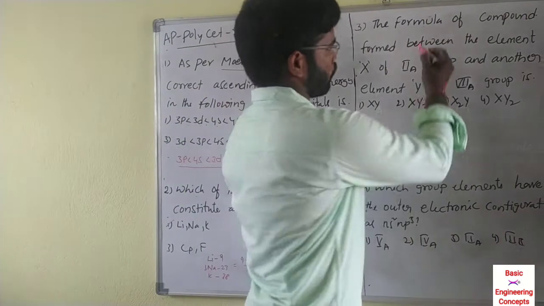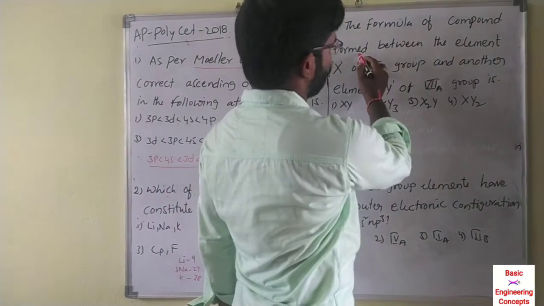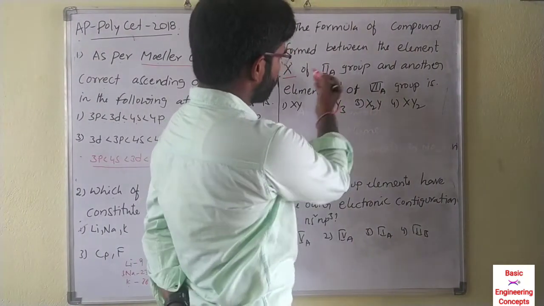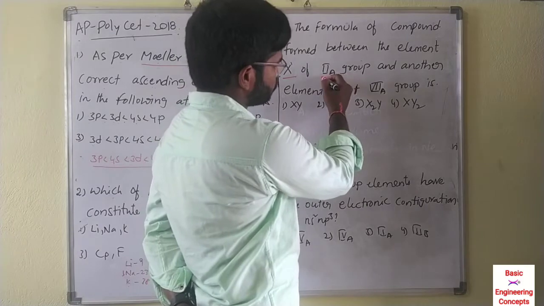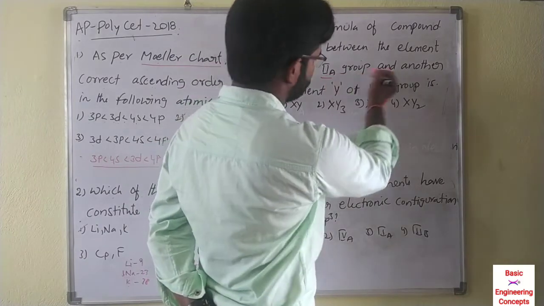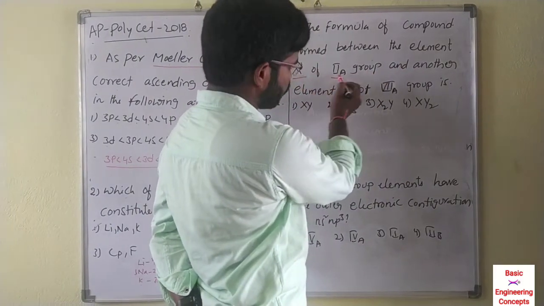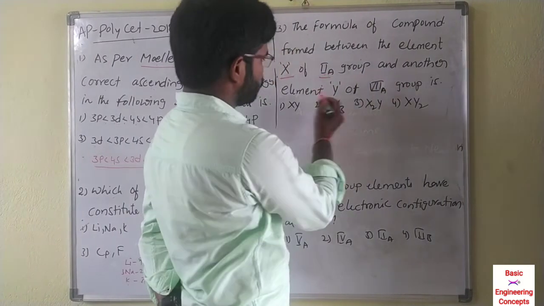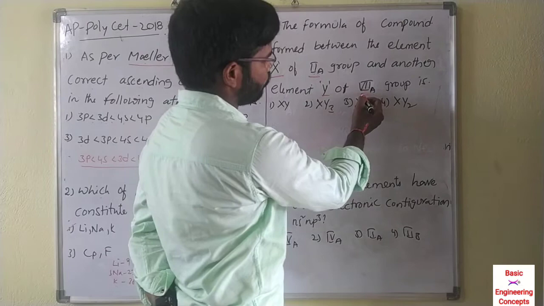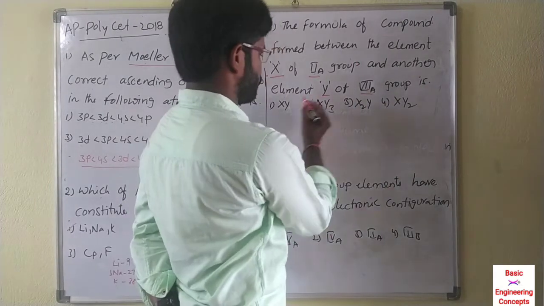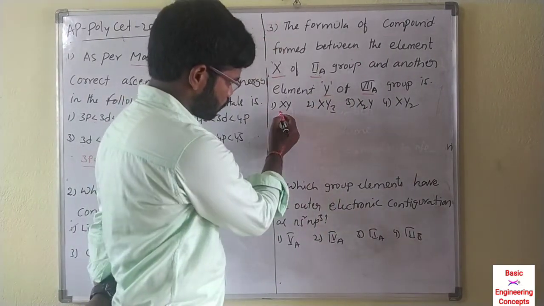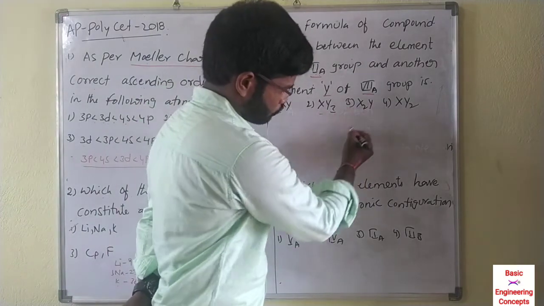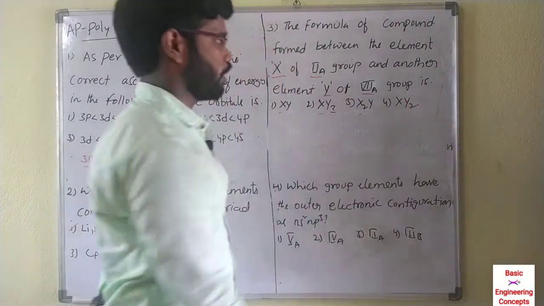Next question: the formula of the compound formed between an element X of group 2A and another element Y of group 7A is? First option is XY, second option is XY3, third option is X2Y, fourth option is XY2.